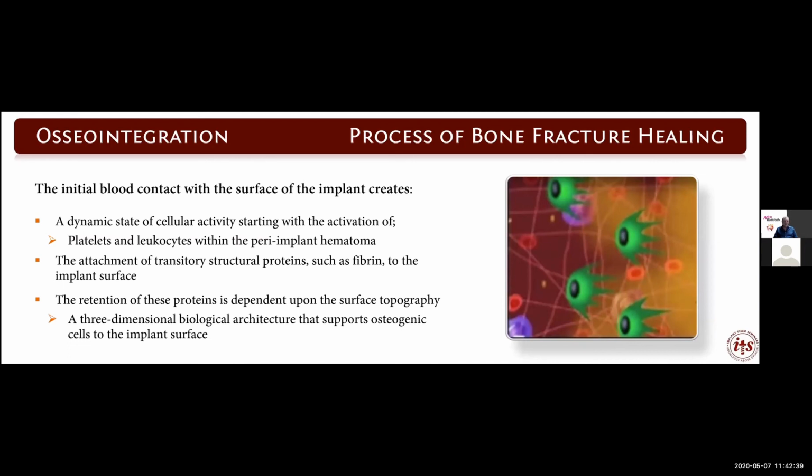The healing process produces a dynamic state of cellular activity. There is activation of platelets and leukocytes, attachment of proteins or fibrils that attach to the surface of the implant, and the retention of these proteins, these fibrils. They support osteogenic cells on the implant surface, which is all dependent on the surface topography.